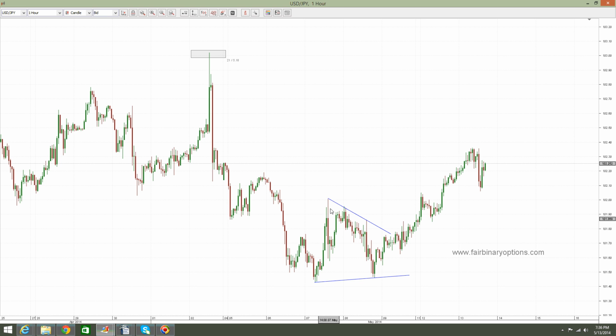So A, B, C, D, E, most likely, in order to incorporate the triangle as well.